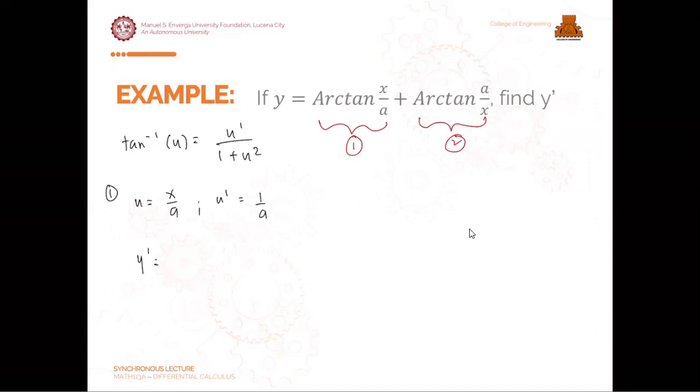So the derivative of our first term, with u prime being 1 over a, is 1 over a all over 1 plus x over a squared. Simplify: the denominator will be a squared plus x squared all over a squared.